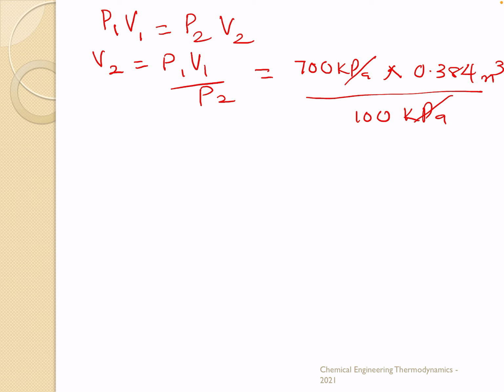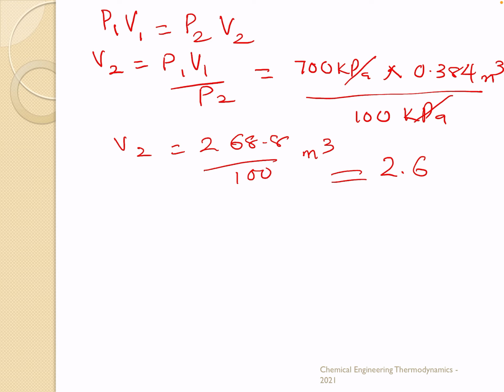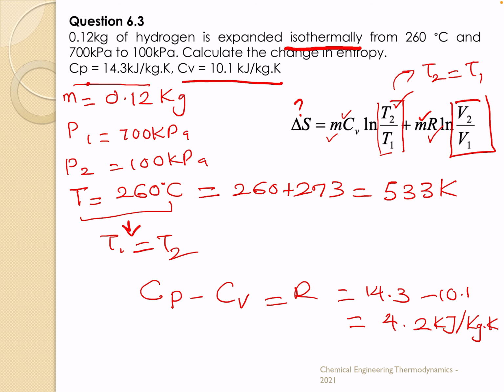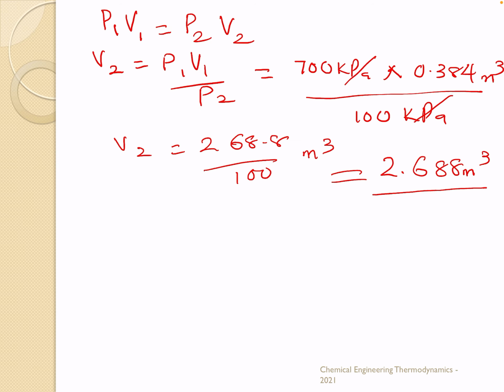And then if you do the division, we should be left with V2 equals 268.8 divided by 100 meter cube, which is 2.688 meter cube. So from this we now have a V2, we have a V1, we have everything we need. So let's plug into that entropy.